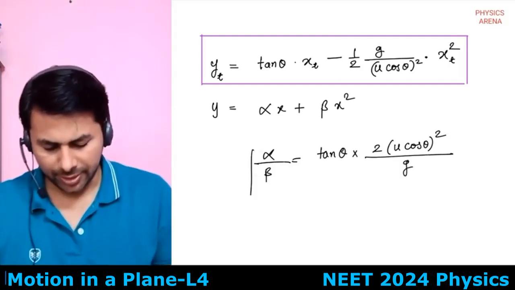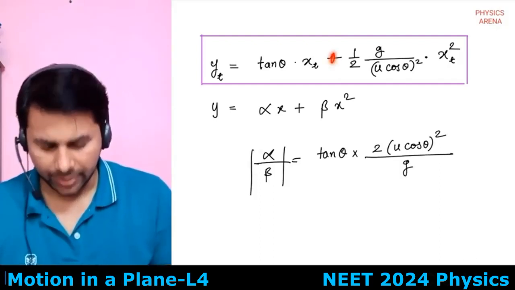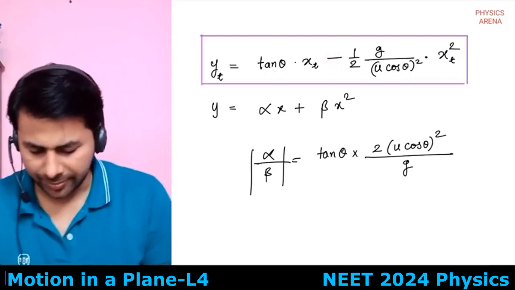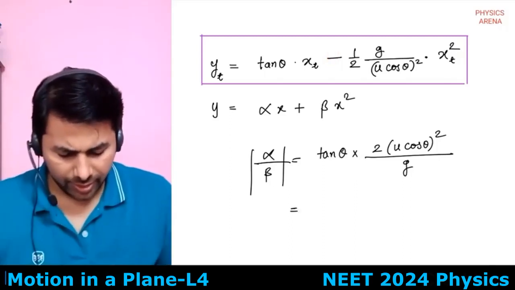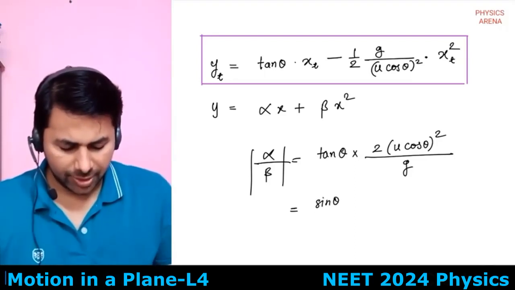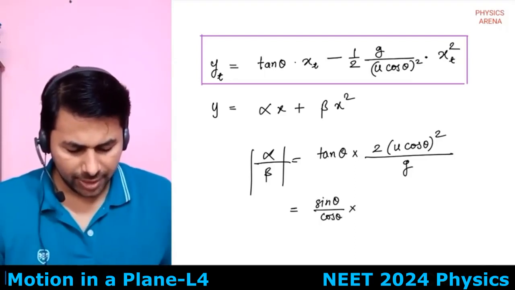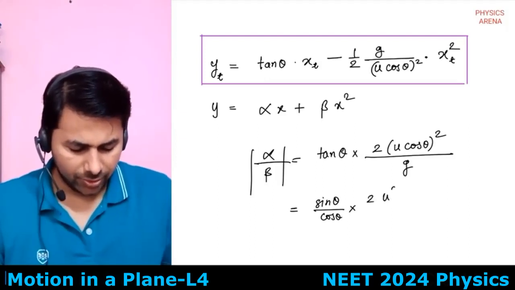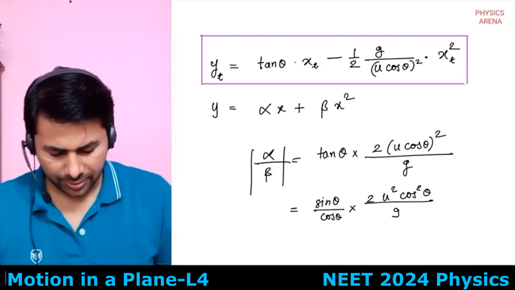This is in magnitude, I'm not taking the negative sign. So tan theta is sin theta upon cos theta, multiplied by 2 times u square cos square theta divided by g.